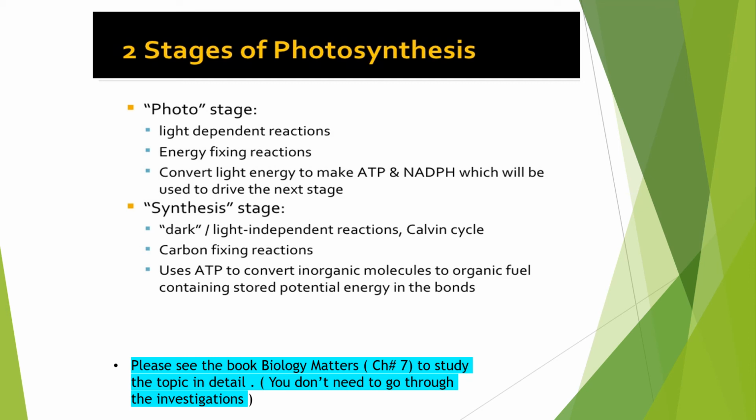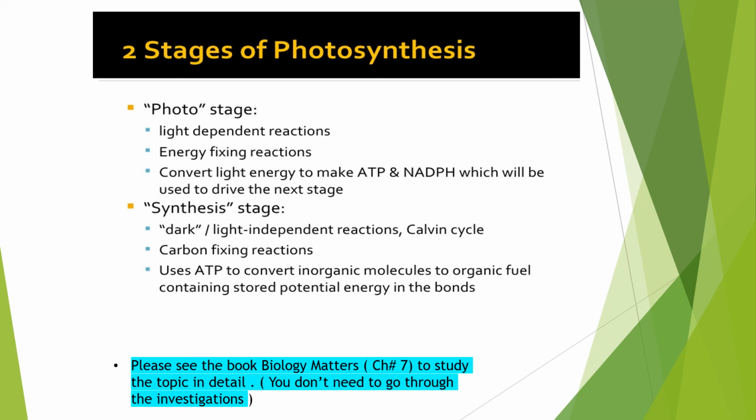The next stage is the dark, light independent stage. It is also known as the Calvin cycle. In this cycle, carbon fixing reactions take place. What are carbon fixing reactions? We will discuss this in the next classes. In this reaction, ATP is used to convert inorganic molecules to organic molecules.